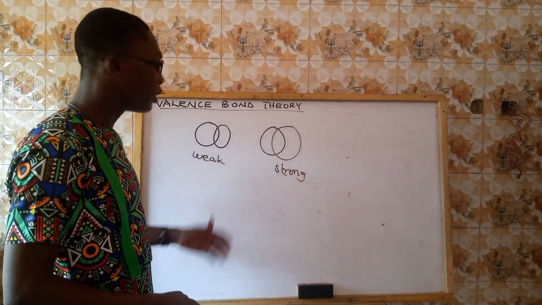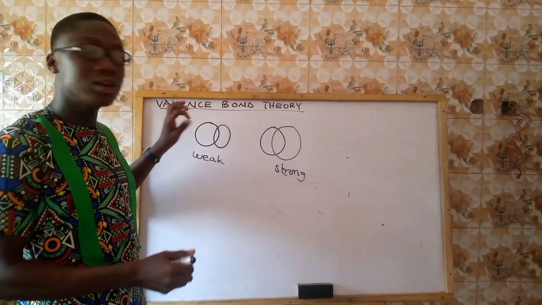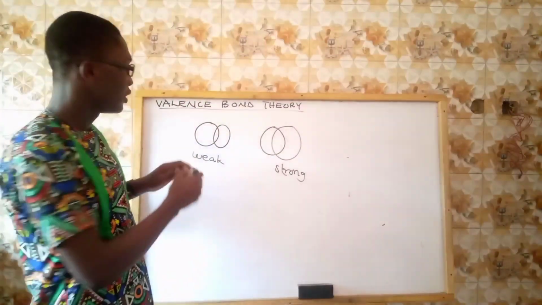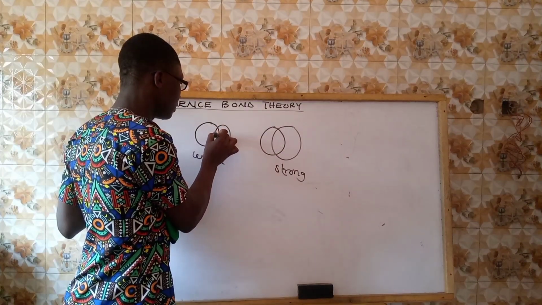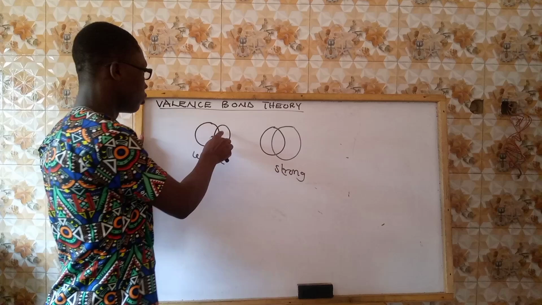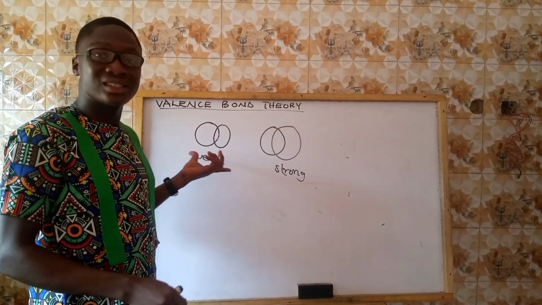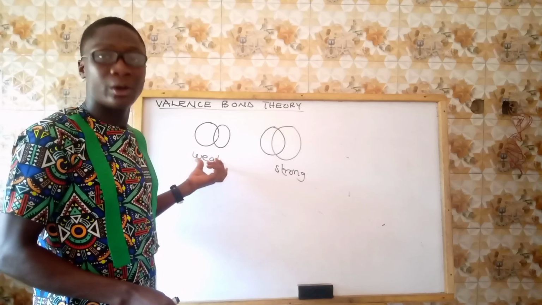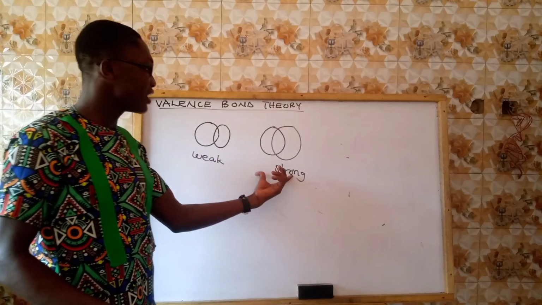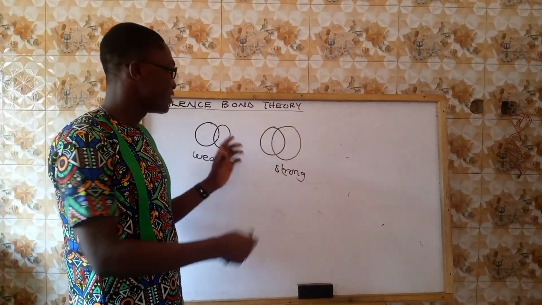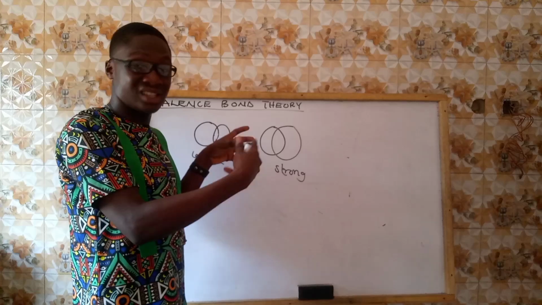The reason why this bond is weak is that the amount of overlap is very small. If you look at the distance between them, it's very small, so this overlap is very weak. This one is a strong overlap, so it is a strong bond.